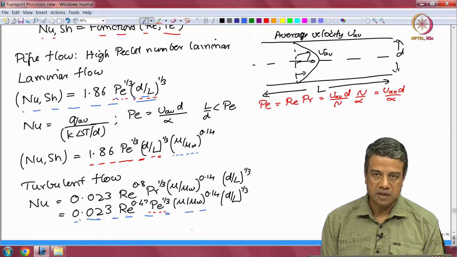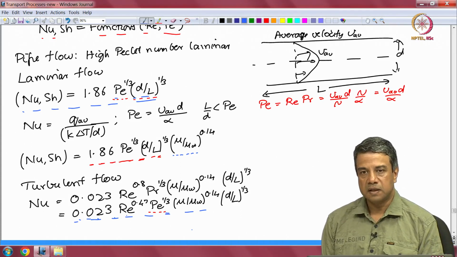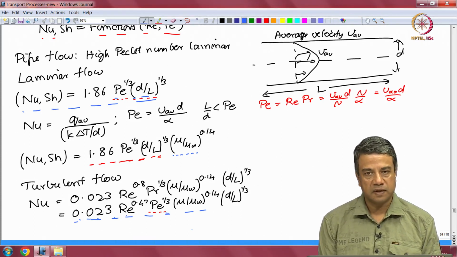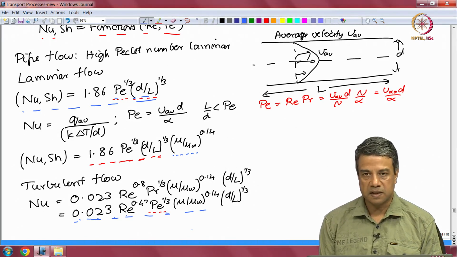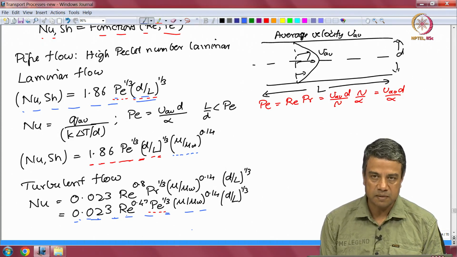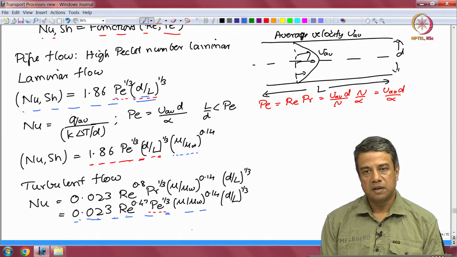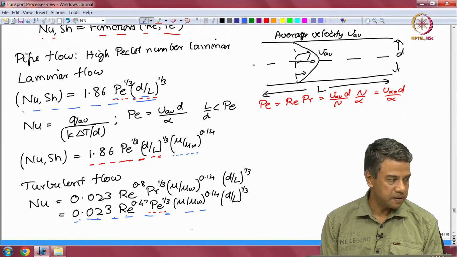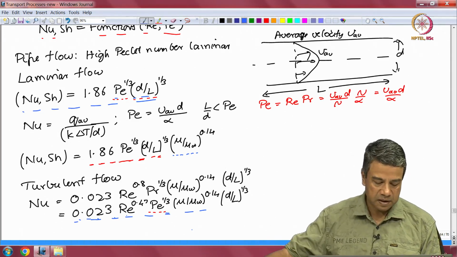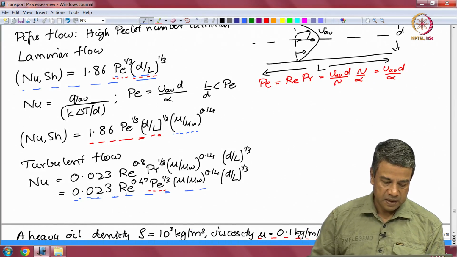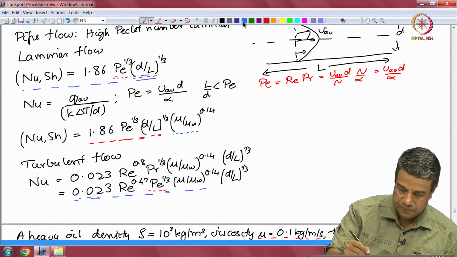Even though the maximum velocity changes, the shape of the velocity profile is the same, and because of that, the convective part of the heat or mass transfer at high Peclet number is determined from the maximum or the average velocity alone. So, in those cases it depends only on Peclet number, high Peclet number and low Reynolds number. At high Peclet number and high Reynolds number, it depends explicitly on the Peclet number and the Reynolds number, okay. And we had looked at some of these correlations for the flow in a pipe, okay.